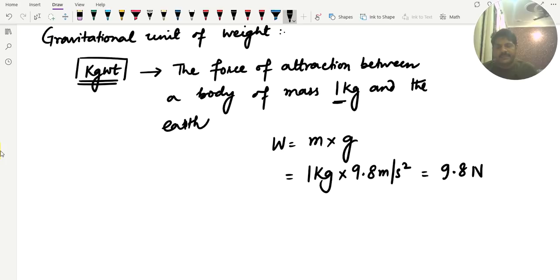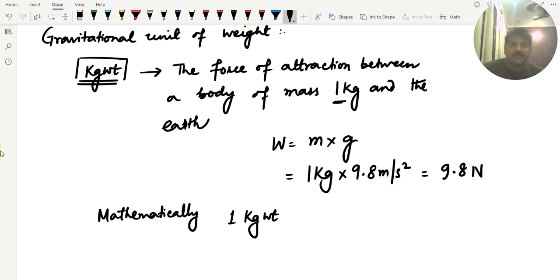So mathematically, 1 kg weight, this is the second unit of weight that we were talking about. 1 kg weight is equal to 9.8 Newton.